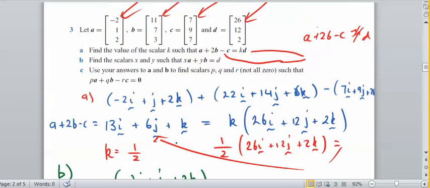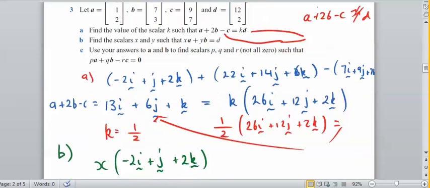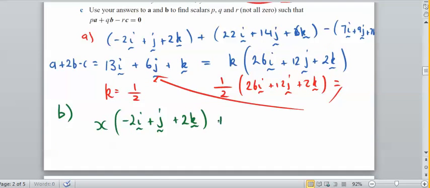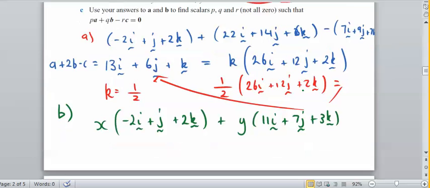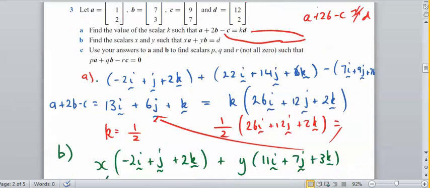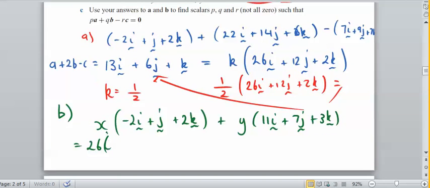And so that's xa plus yb equals d, which is equal to 26i plus 12j plus 2k.